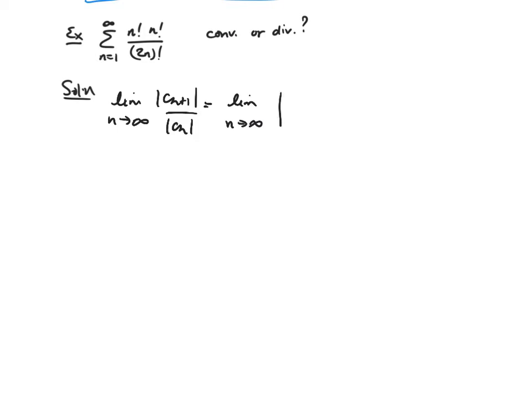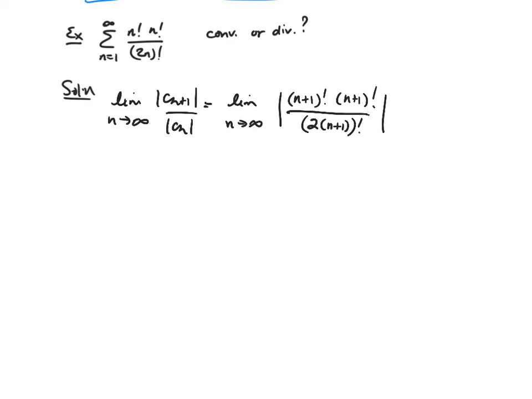So I get (n+1) factorial, (n+1) factorial, and importantly, as we went over last class, make sure you use your brackets: (2(n+1)) factorial right there. That's important because when you expand it, it becomes (2n+2) factorial, not just (2n+1) factorial. All right, we divide that by a_n.